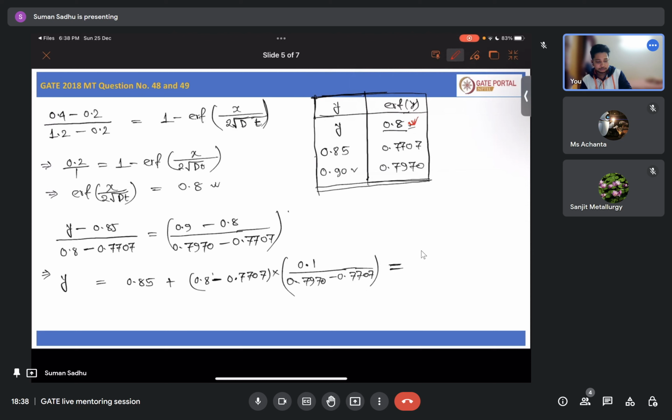Okay, so you can see here also the error function value is around 0.797, which means it is also close to 0.8. So that means your y value should come near 0.9. From this you can confirm whether you have calculated correctly or not. Now just calculate this and let me know the answer.